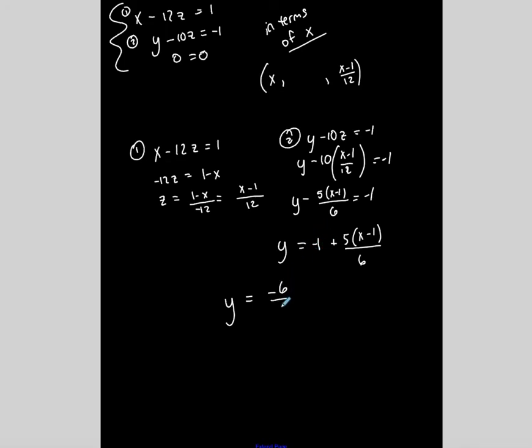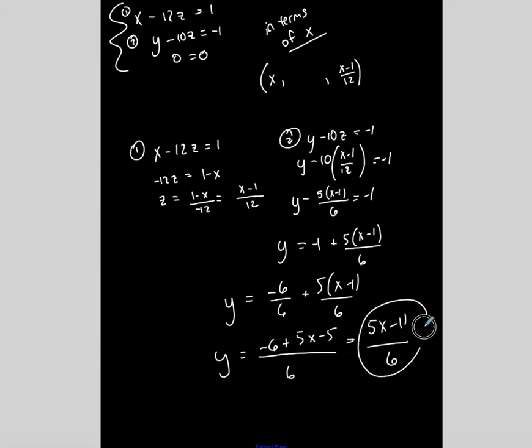So negative 6 over 6, which would be negative 1, plus 5 times (x minus 1) over 6. I'll show all my work. Negative 6 plus, I'm going to distribute this 5 also, 5x minus 5 all over 6. And then I have like terms in the numerator. So (5x minus 11) over 6 is my y in terms of x.